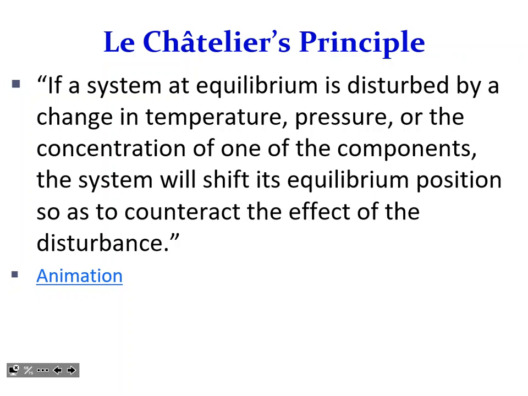Once again, it's going to shift or proceed in a direction to reestablish that K value. When we change the temperature, our K value is actually going to change. That's the only time the K value number will actually be different. But for concentration and pressure situations, those will go back to their original K ratio value.